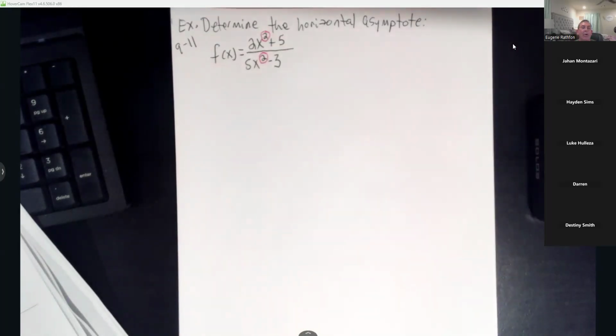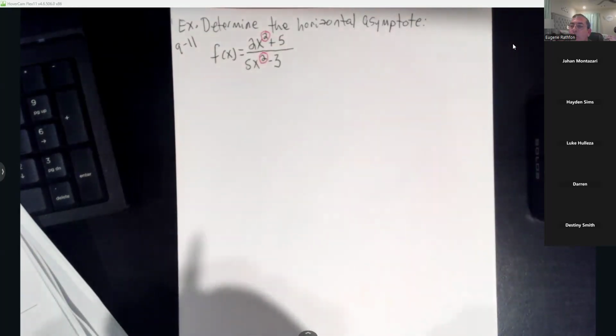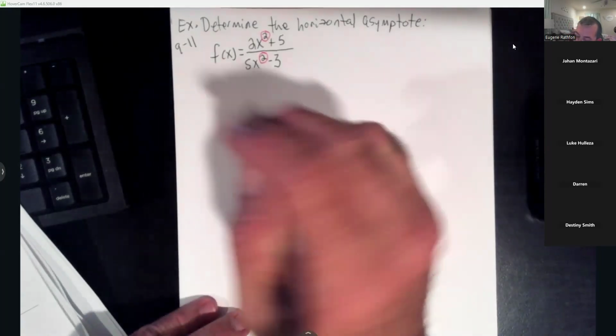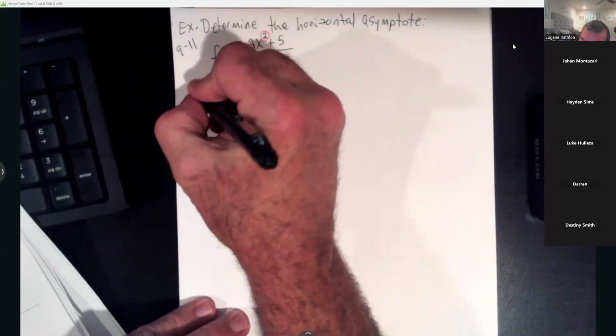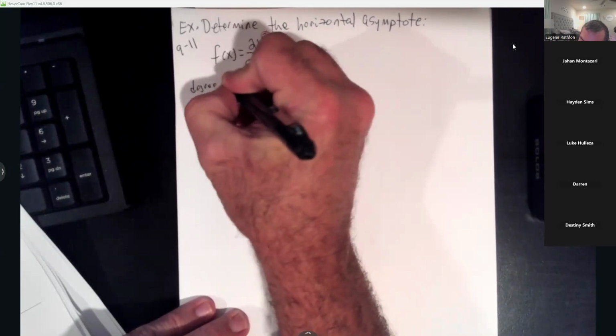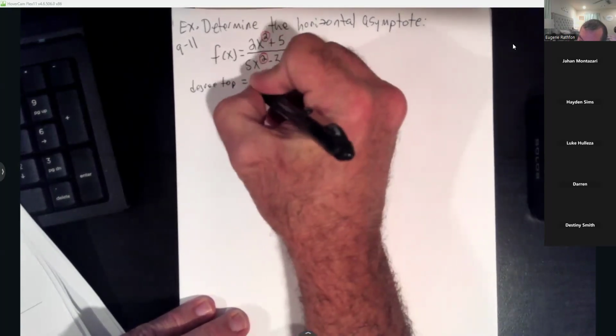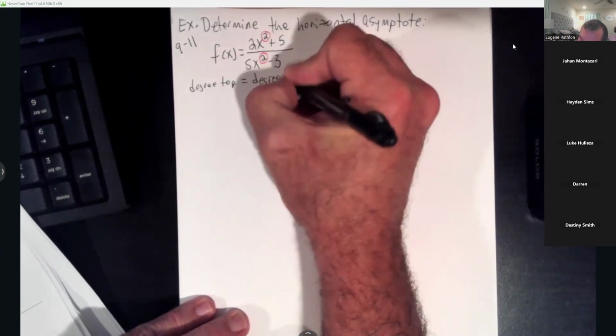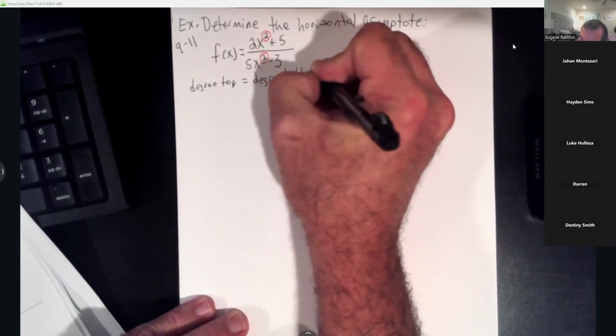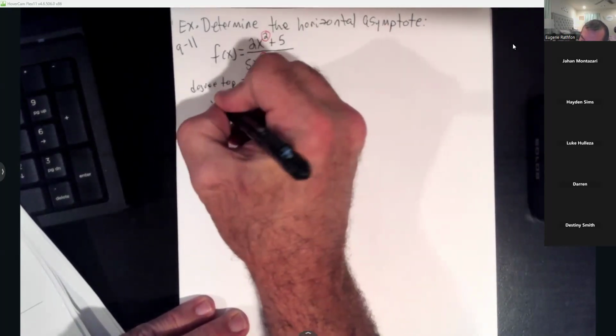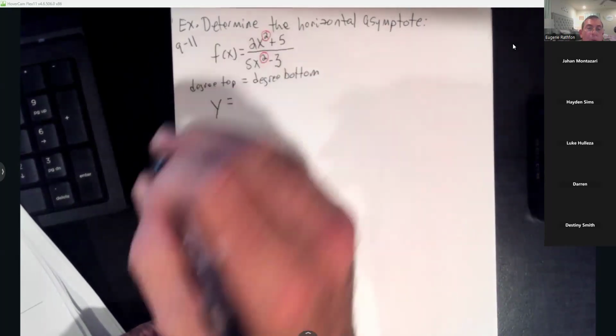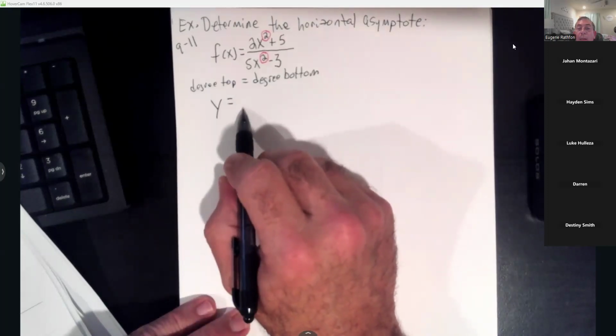Well, the highest exponent on top is equal to the highest exponent on bottom. So that means the degree of the top equals the degree of the bottom. So that's when I said your horizontal asymptote would equal A over B.